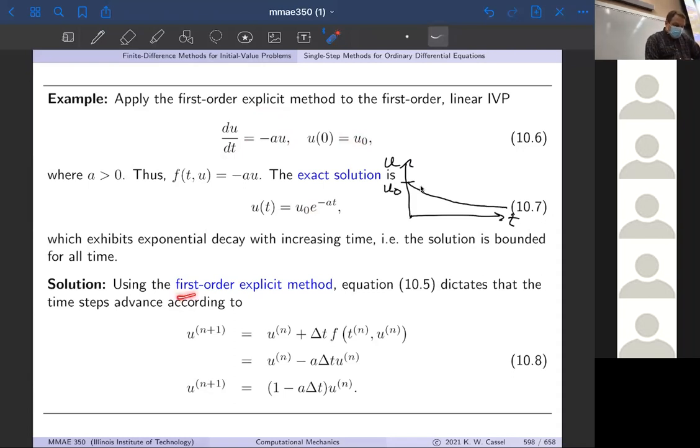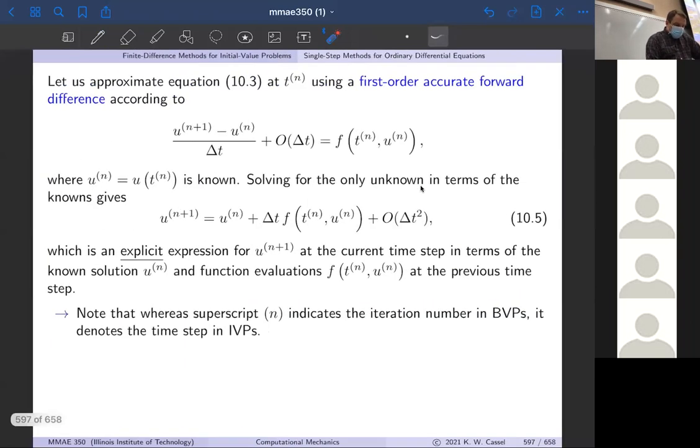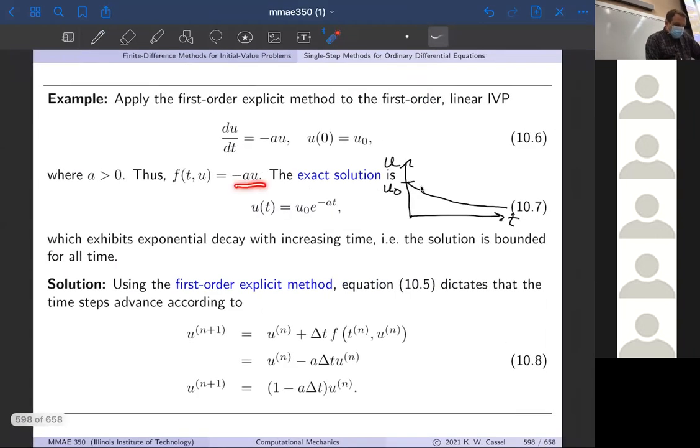The first order explicit method we already outlined. We take equation 10.5, this one right here: un plus 1 is equal to un plus delta t times f of tn, un. But now f is simply minus a times u, with u evaluated at the previous time step, so it's un.